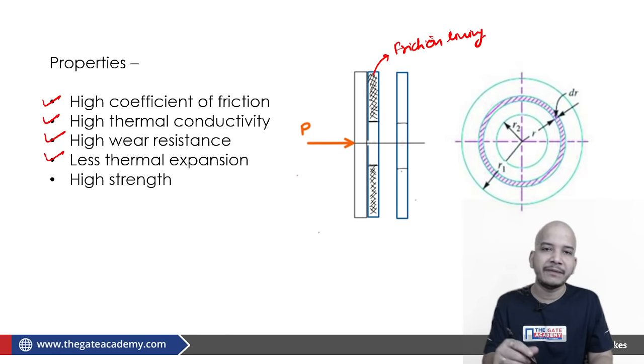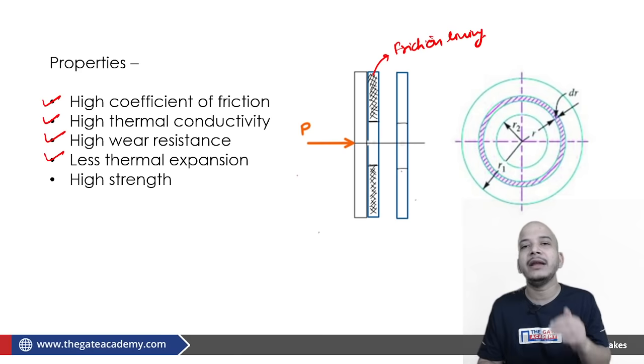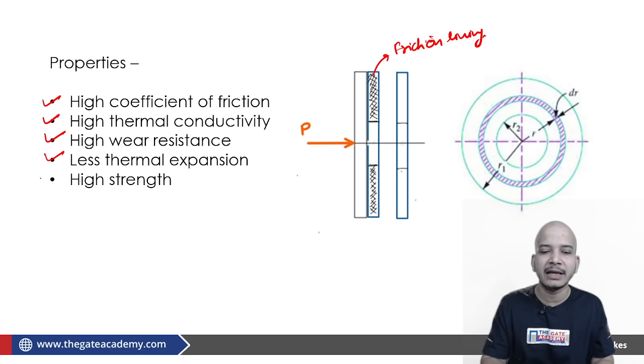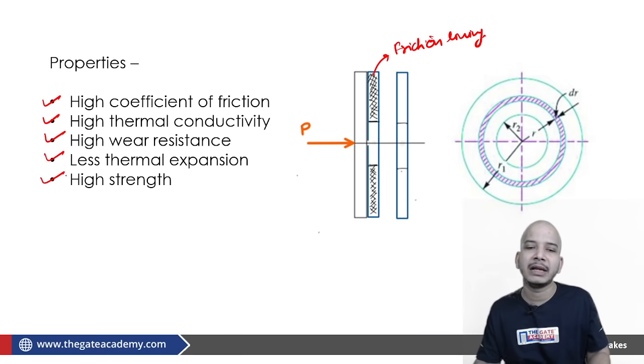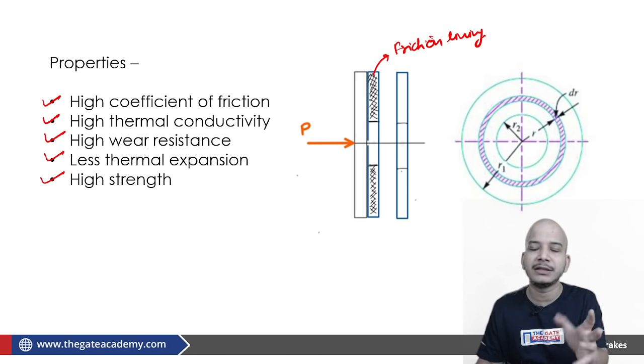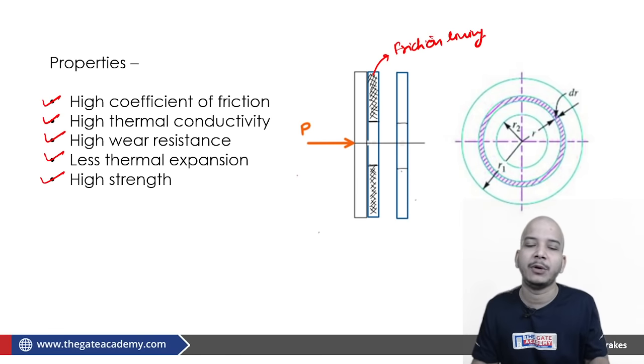Definitely there must be some temperature rise, and corresponding to that temperature rise, if there is deformation in the body, then whatever we have designed will not work accordingly. So we have to look for a material which has less thermal expansion as well. And of course, high strength is required. High strength is something required for any material, for any element, otherwise it is not designed from the safety point of view. Fine.